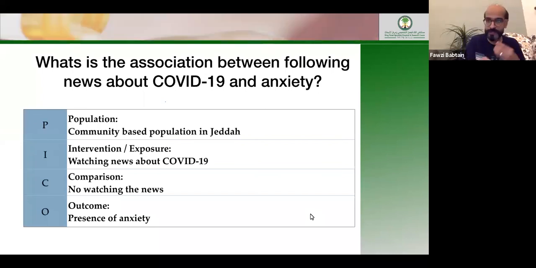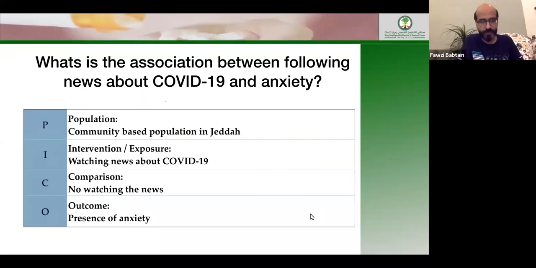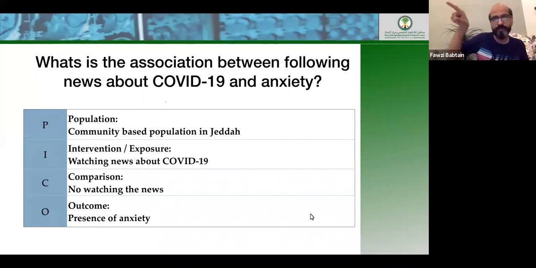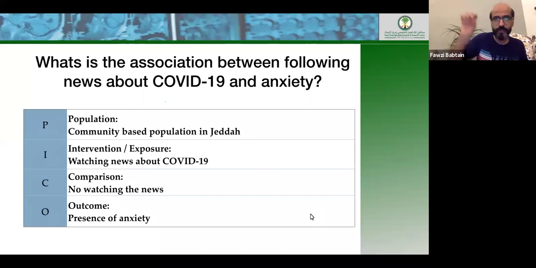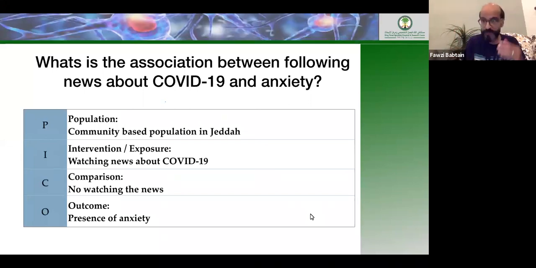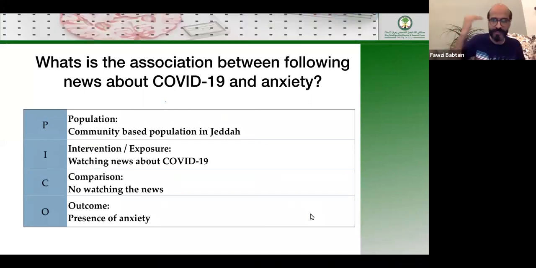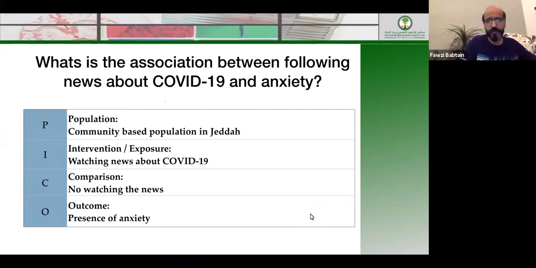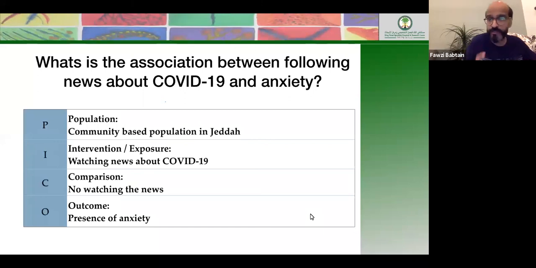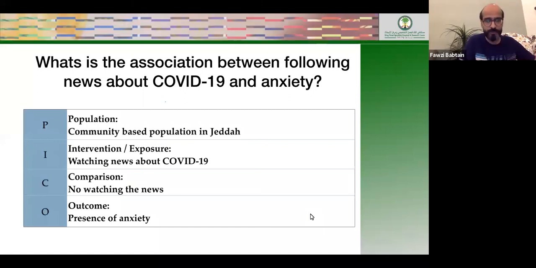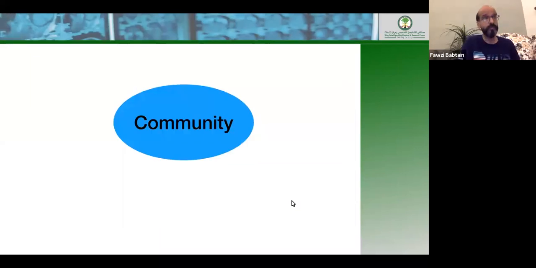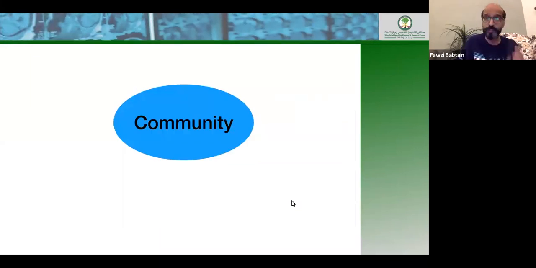So now this is an experimental study. Each time he Googles COVID-19, coronavirus, or whatever keyword, I get a notification. This is a really objective way to assess the exposed versus the unexposed. My outcome is the presence of anxiety, and I should have a valid way to measure my outcome, either an anxiety screening tool, like an anxiety diagnostic technique, or what have you.